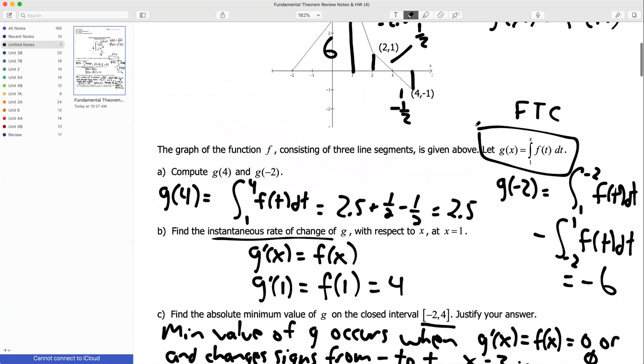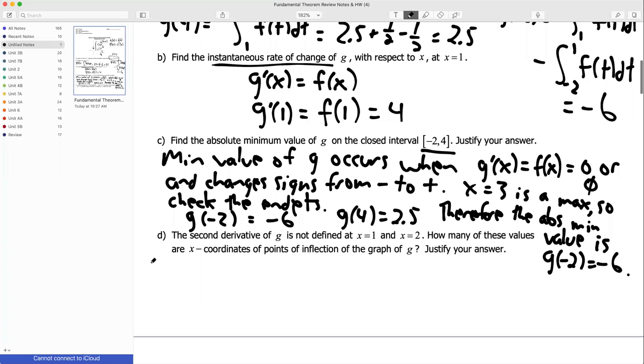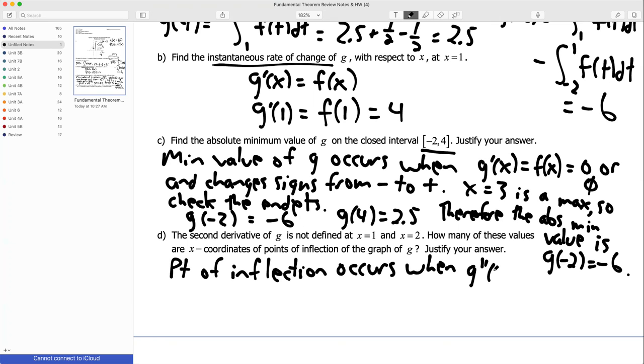No cap. All right. It says how many of these values are x coordinates of points of inflection of the graph of g? Justify your answer. So let's justify it. Point of inflection occurs when g double prime of x, which is equal to f prime of x, equals 0 or undefined, and what else must be true?